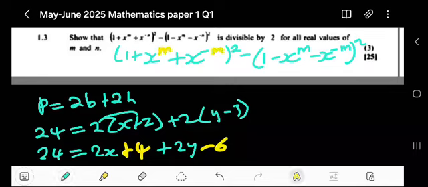Those are m's, but here is negative, also here is negative.